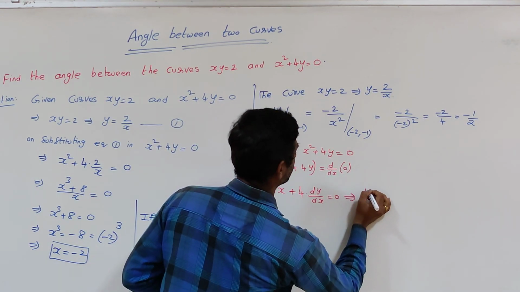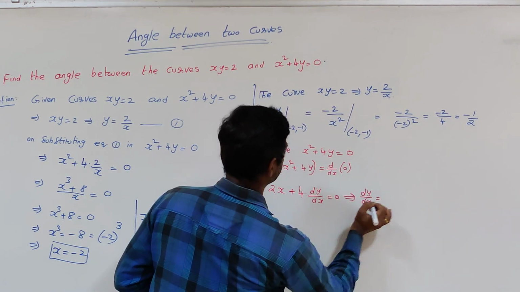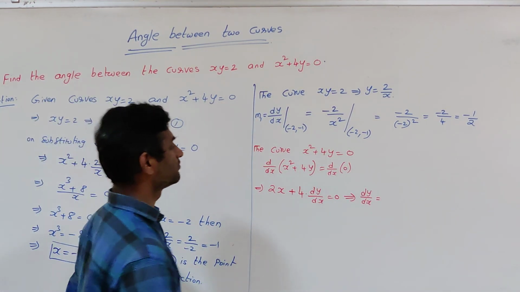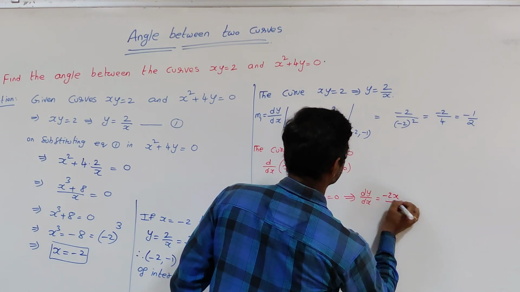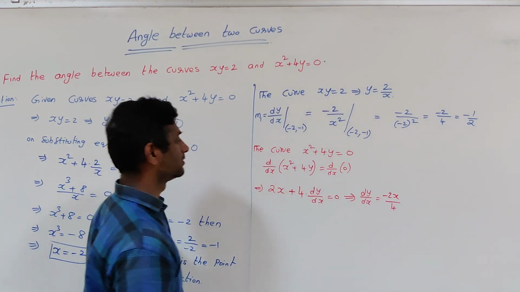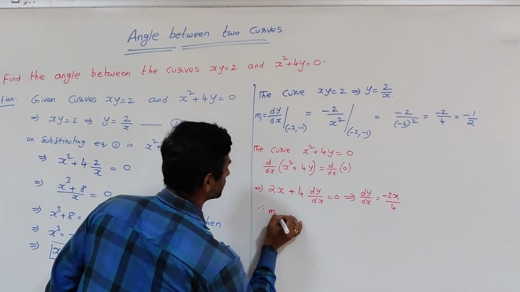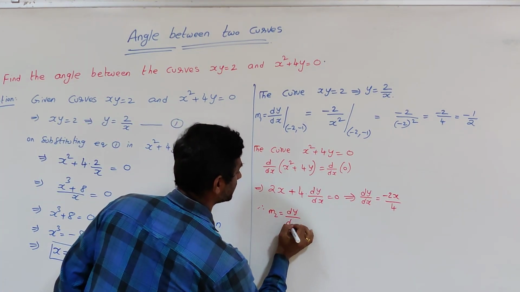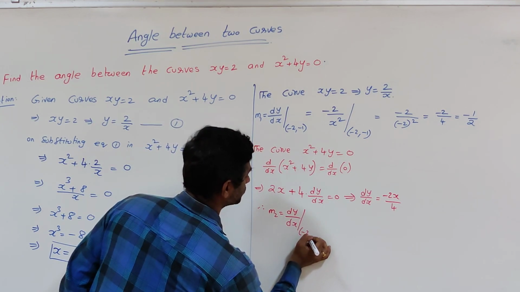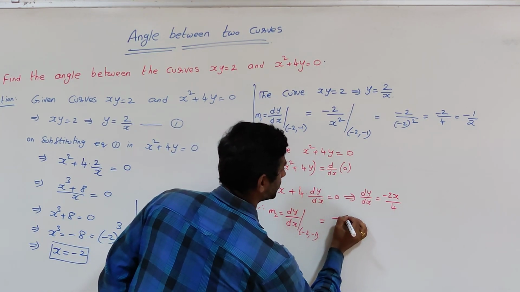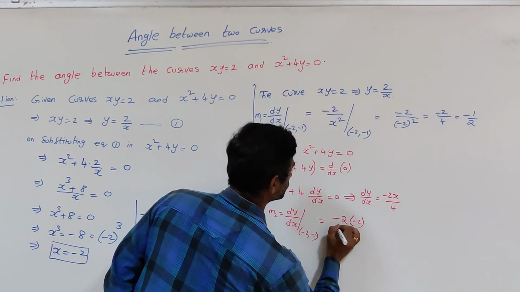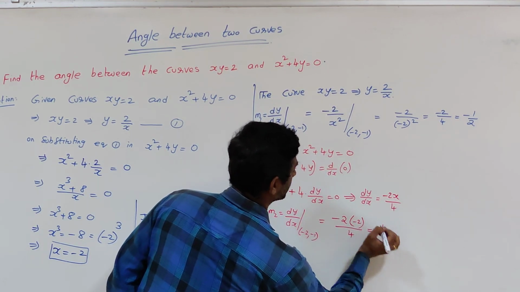Implies dy by dx will be minus 2x by 4. At minus 2 comma minus 1, m2 is equal to dy by dx at minus 2 comma minus 1, which will be minus 2 into minus 2 by 4, which gives 1.